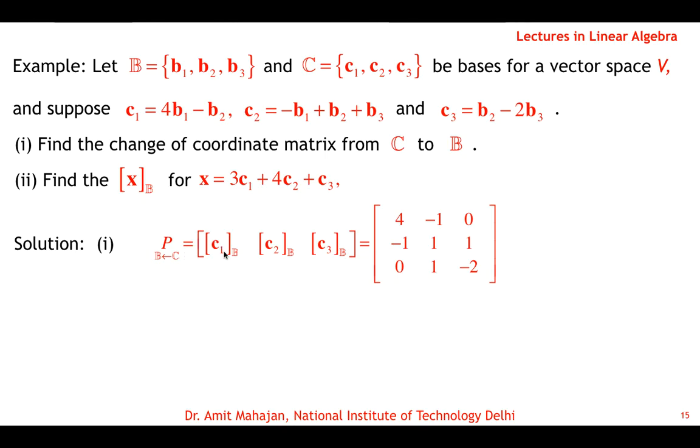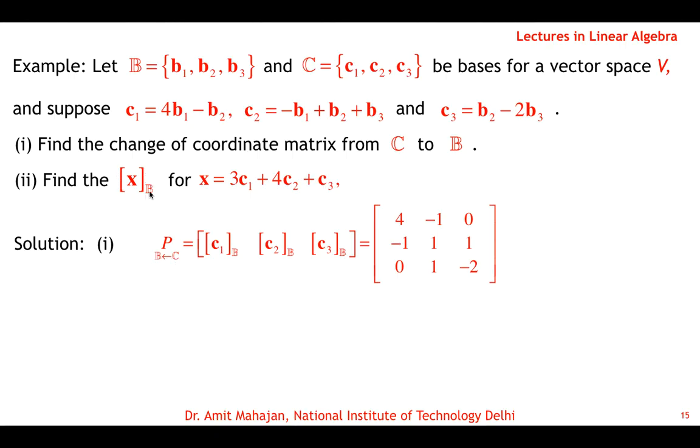C1 as a linear combination of B, C2 as a linear combination of B, C3 as a linear combination of B. The weights are given here: 4 minus 1 and 0, so that's the first column. C2 as a linear combination gives minus 1 1 1. C3 as a linear combination gives 0 1 minus 2, where the B1 coefficient is 0.